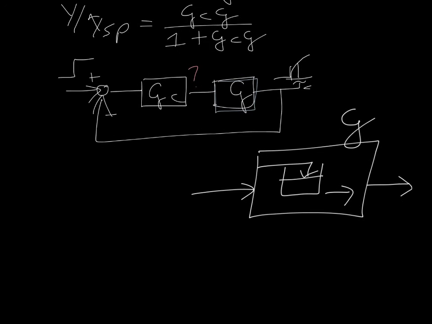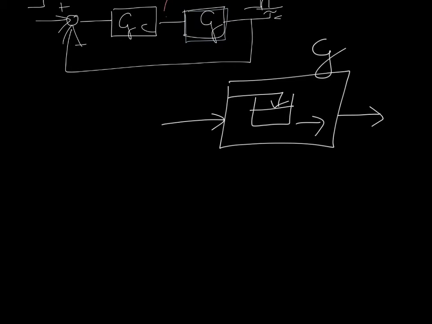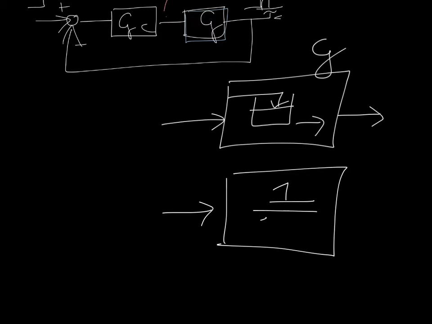What we rather have is a set of equations which describe G. And so we have a model, and our model perhaps takes a particular transfer function form. And that's going to be called G tilde, or the actual model.